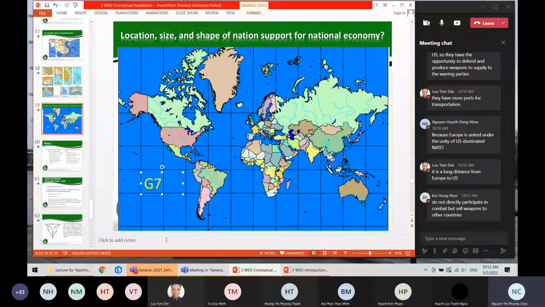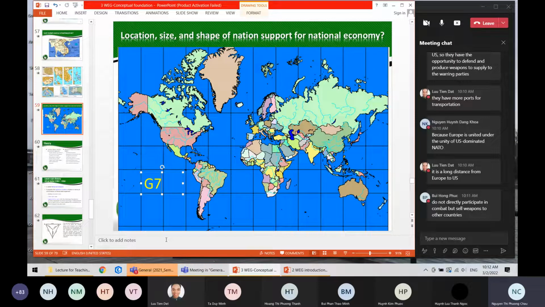Yes, but in sum, for all of your ideas, you all mentioned that the U.S. has not been affected by the World War, and they have the opportunity to develop the economy, and also a long distance seaport.